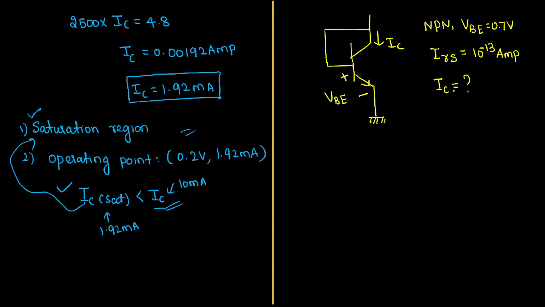That is the question. The reverse saturation current is given. What is the value of collector current? Is there anyone of you having an idea to solve this question? Only the base to emitter voltage is given. Nothing else is given in this question. Beyond this, how do I calculate the value of collector current?